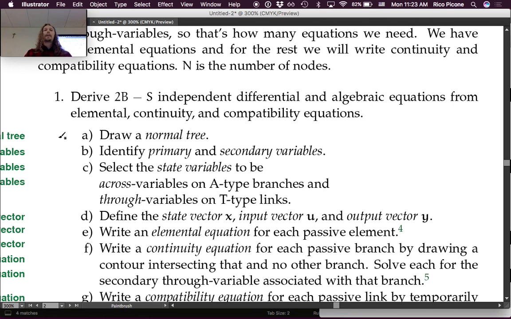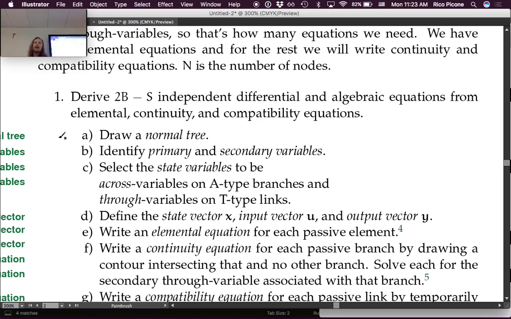Okay, so step one is to derive 2B minus S, so two times the number of passive elements in the linear graph, independent differential and algebraic equations from elemental, continuity, and compatibility equations.